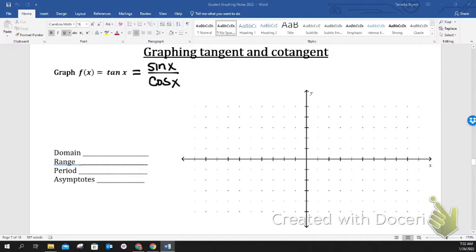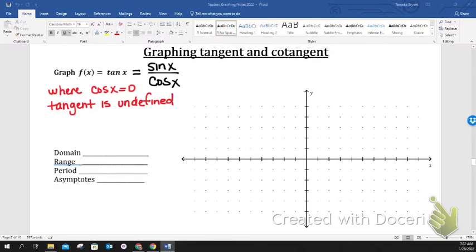Every place on our unit circle where cosine is 0, tangent is undefined, because you cannot divide by 0.